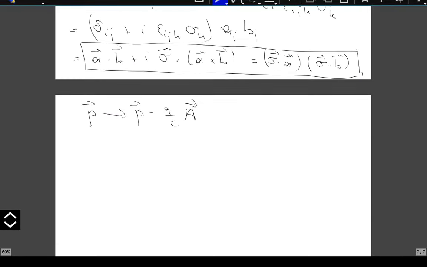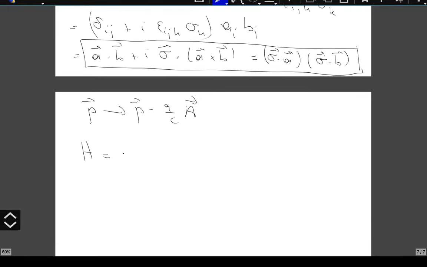How do we get that? Well, let's start with the Hamiltonian. Let's assume we have a free Hamiltonian. We had already discussed that we don't really know what the Hamiltonian is, so we are just making some guesses.